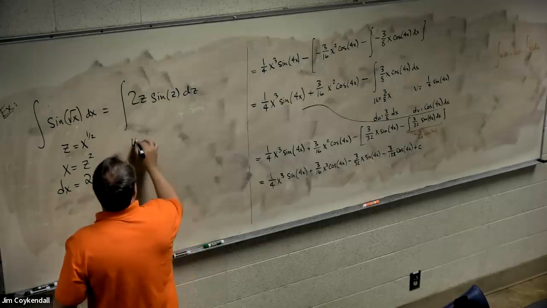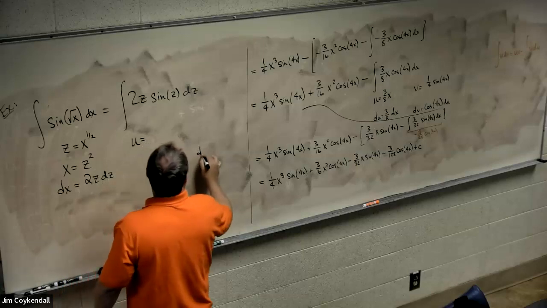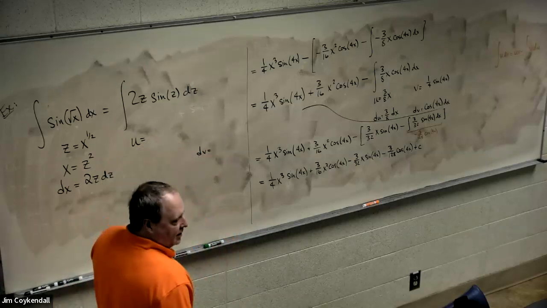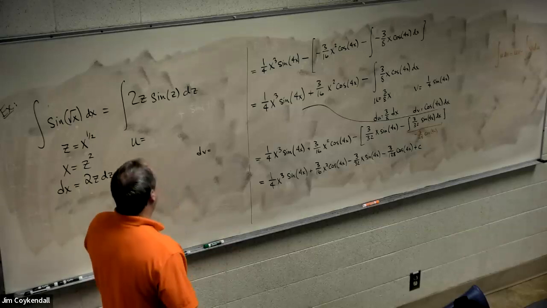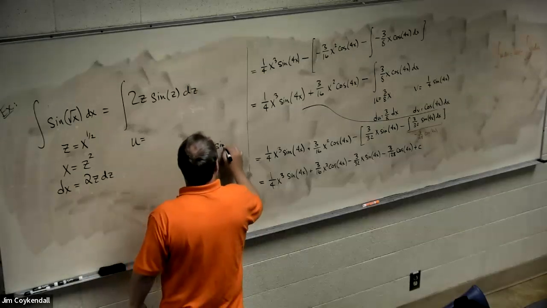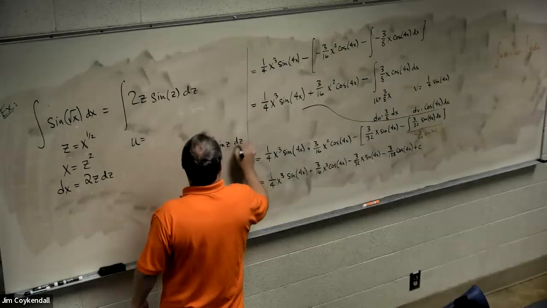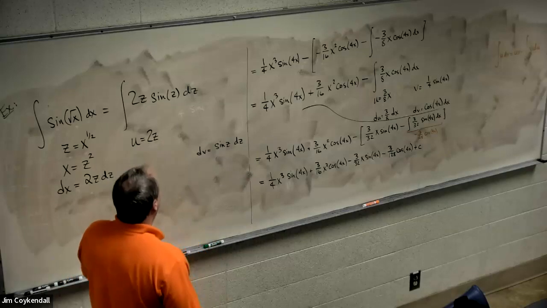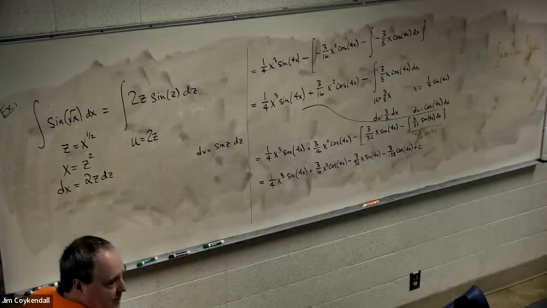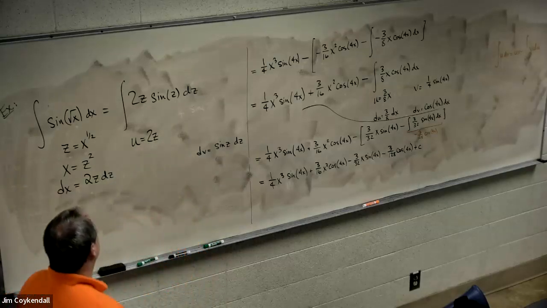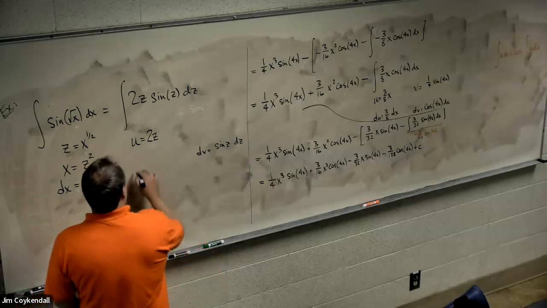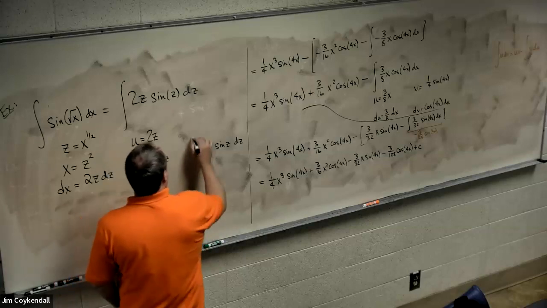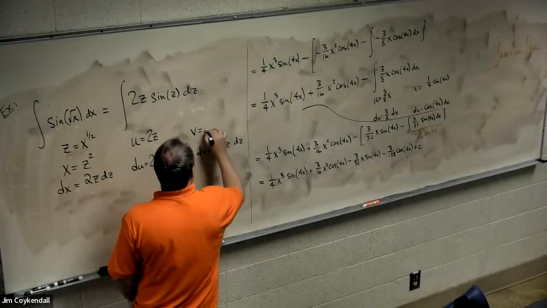So let's let u equal the biggest, nastiest piece of this that I can integrate in my head, so the sine of z, and this leaves the other piece to be 2z.